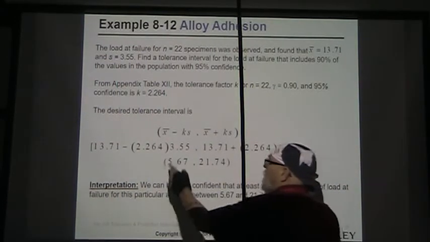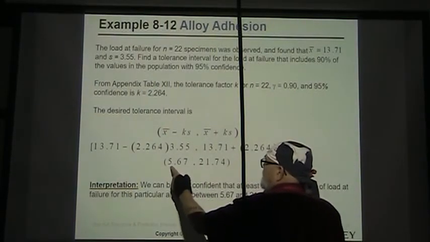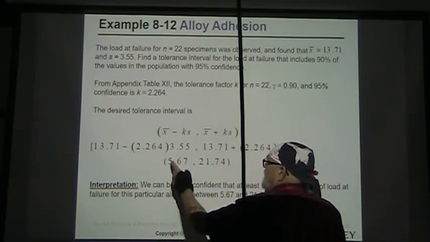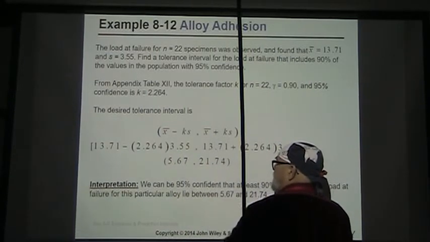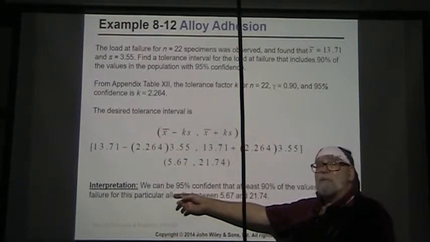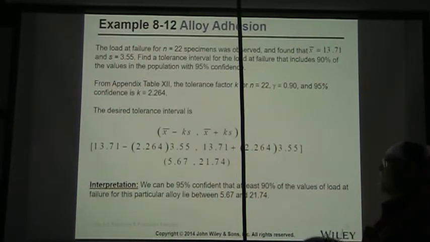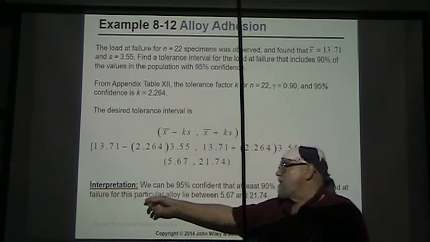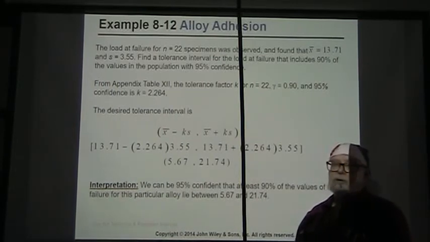All right, so we put in our numbers and we say the tolerance interval is between 5.67 and 21.74. So we can be 95% confident that 90% of the values of the load at failure for this alloy are between those two numbers.